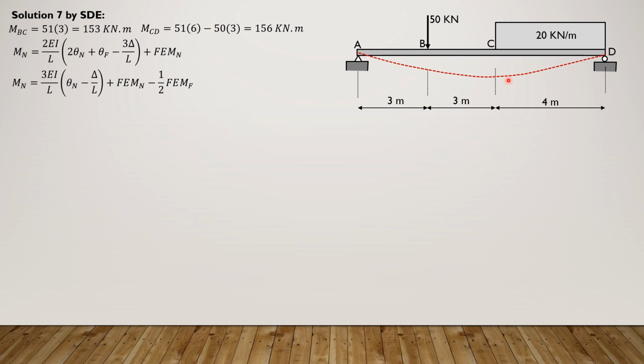Likewise, AC, the chord is rotating clockwise, so that is positive delta in this slope deflection equation notation. Then fixed moment near, if A is near, the left point is near, then it is negative, because the sense is counterclockwise.